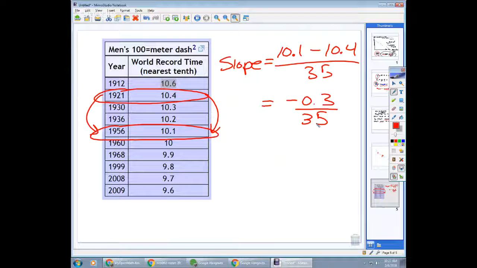What's that come up to be about? About 3 decimal places. At least more than that. Let's see. We've got negative 0.0085.